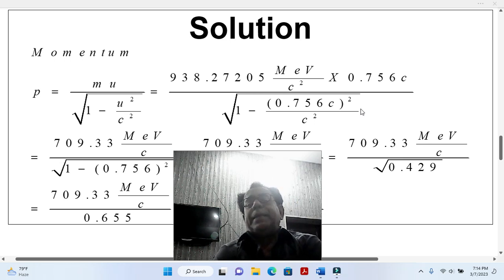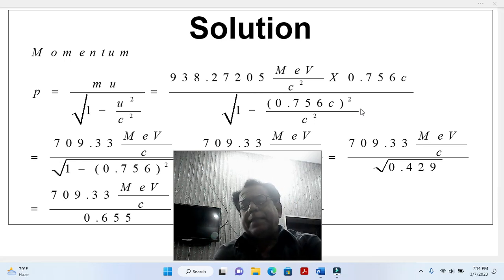Solution of part A, but here part A is not mentioned, just momentum in place of part A. So momentum, or in other words the relativistic momentum, because here the speed of light is involved. Wherever the speed of light becomes comparable with the speed of the particle, then relativistic mechanics becomes our primary concern. So momentum P is equal to mu over square root of 1 minus u square over c square.